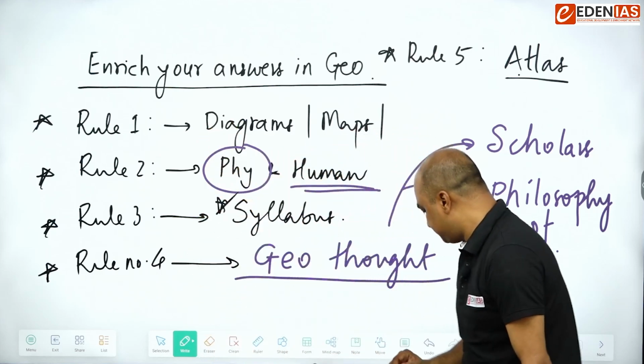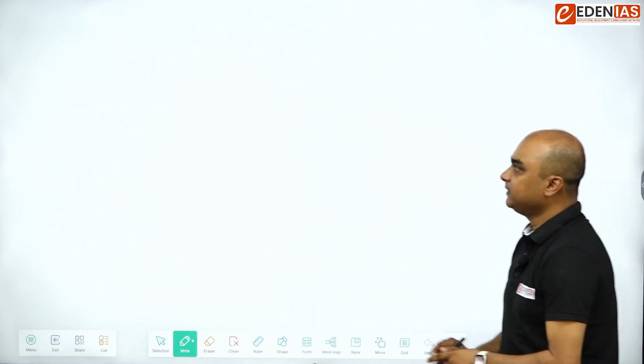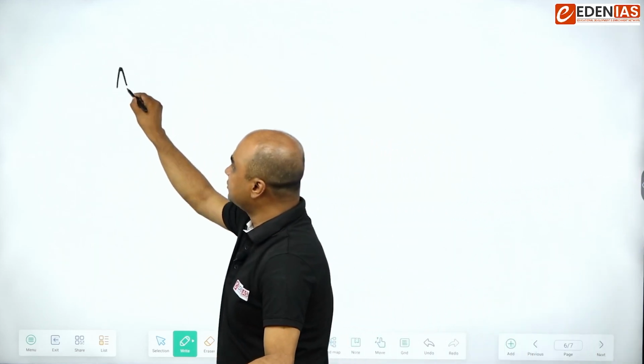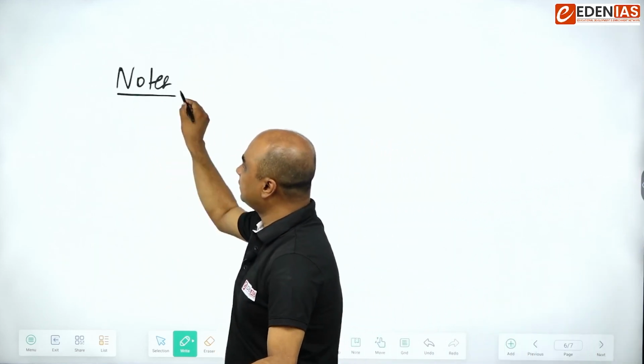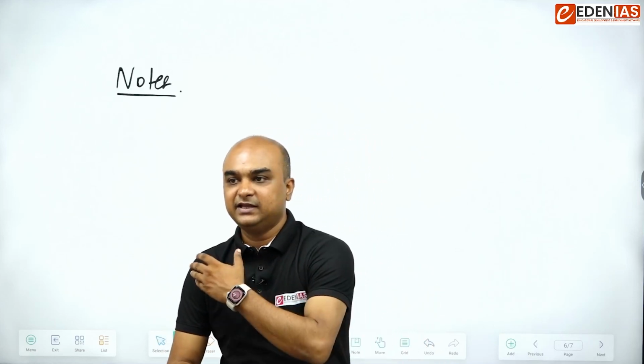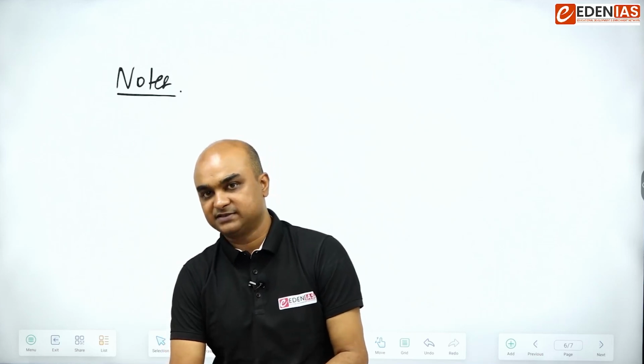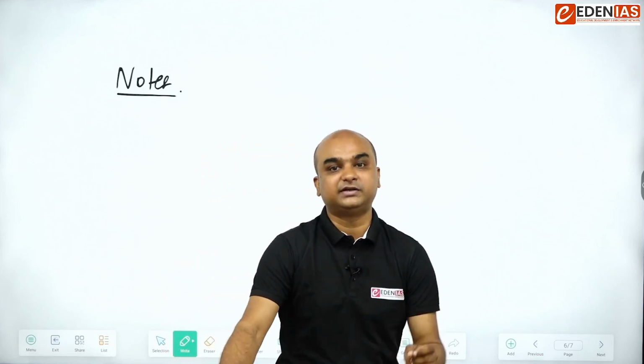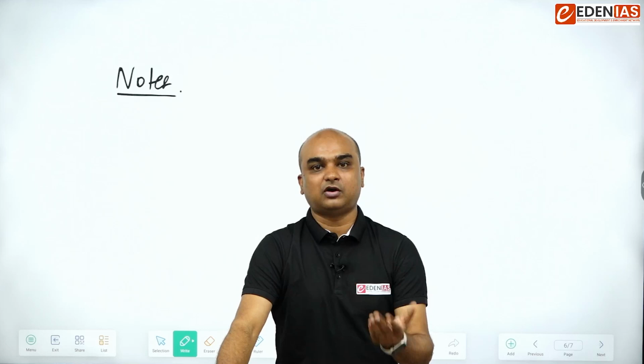I'll also talk something about notes making. When you are making notes for geography option, many people I have seen that they get obsessed with notes making. Don't do that, please, because you will be losing on crucial time to enrich your content.